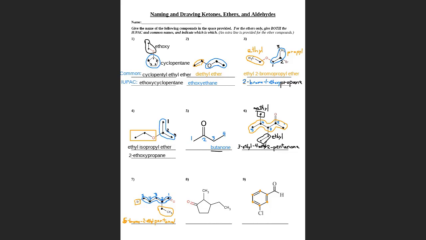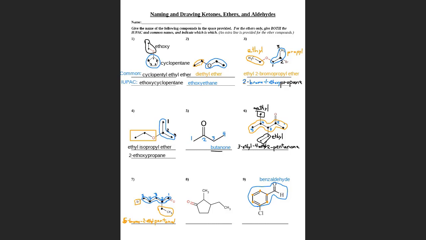So anytime you see a benzene ring connected to a functional group, chances are it has some sort of unique name. In this case, when benzene is attached to a 1-carbon aldehyde branch like this, this whole thing, not including the chloro, would be referred to as benzaldehyde.